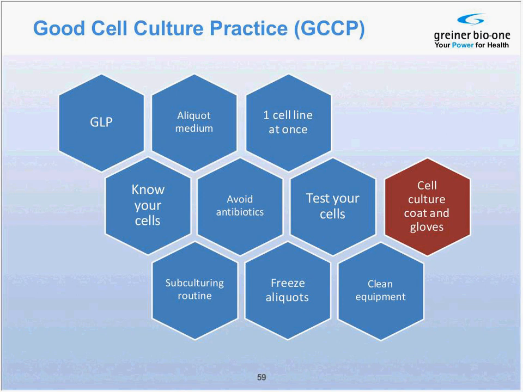A general advice is to have a special cell culture coat and, of course, gloves in the cell culture lab. It's actually not advisable to mix cell culture coats with regular lab coats. The cell culture lab should have a special cell culture coat.